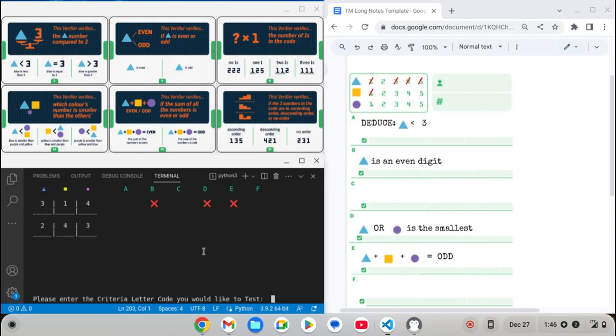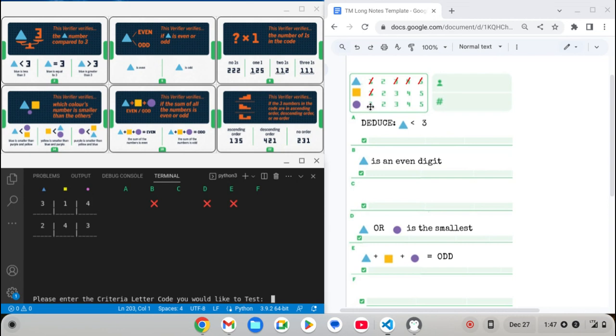Now, let's see, which one would be most important to test? If we're able to determine that triangle is the smallest, what if there were no ones? Well, that may actually be a good test, because if there is a 1, fantastic, we know which one is the smallest.